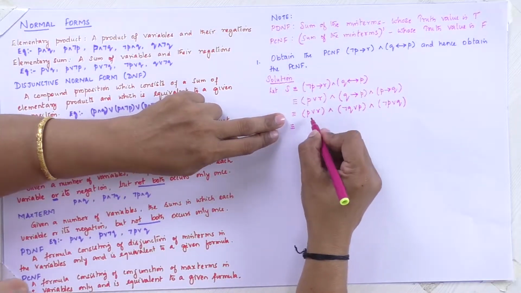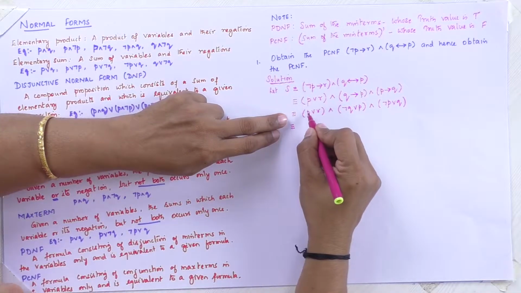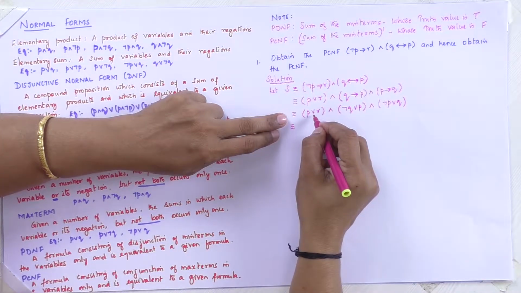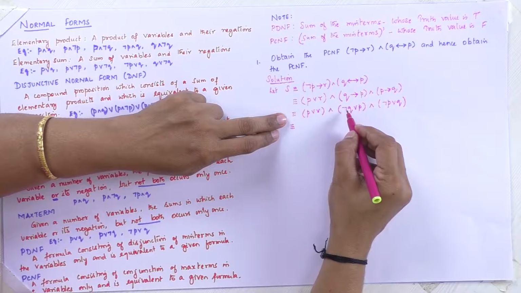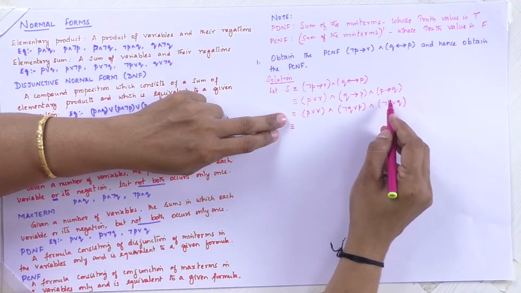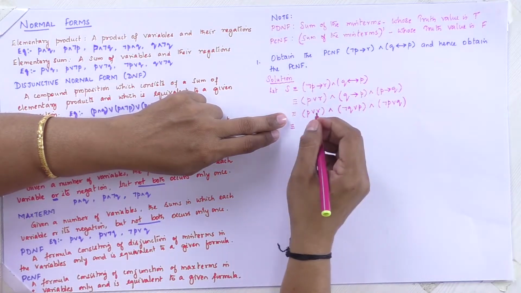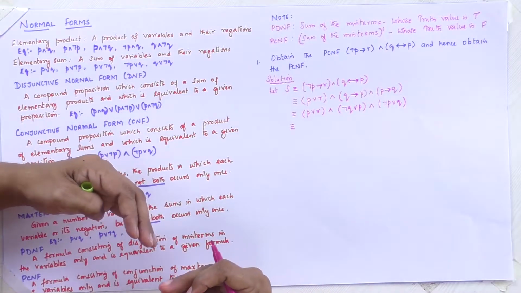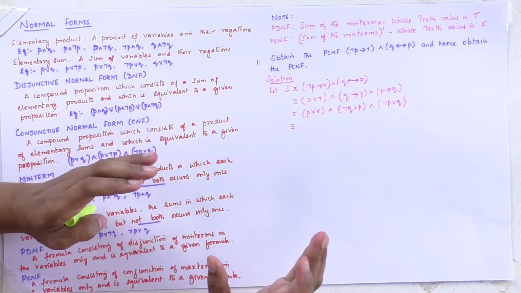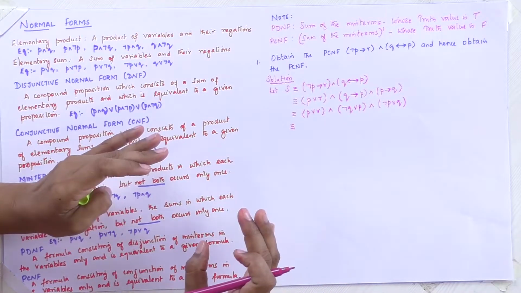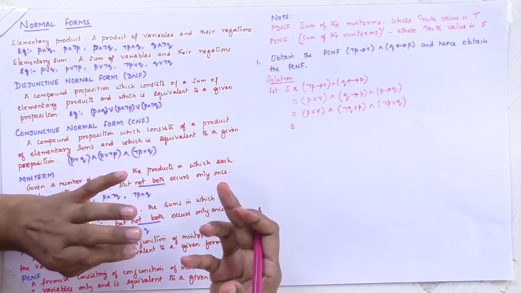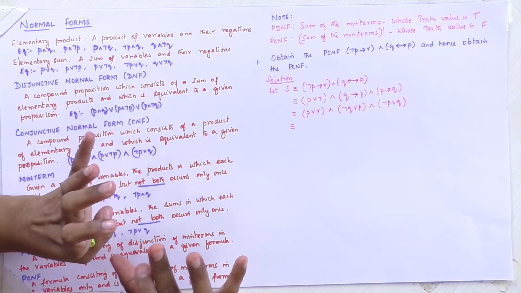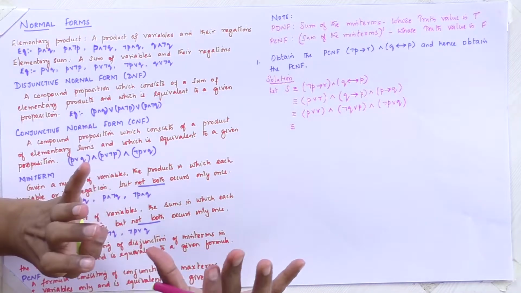So look at this now. In this parenthesis, what is the variable that is missing? I have got 3 variables, so Q is missing. In this one, R is missing. Again in this one, R is missing. Therefore, I will have to insert these missed out variables into each and every term in such a way that when I insert them, the original value of that term should not be changed or altered.